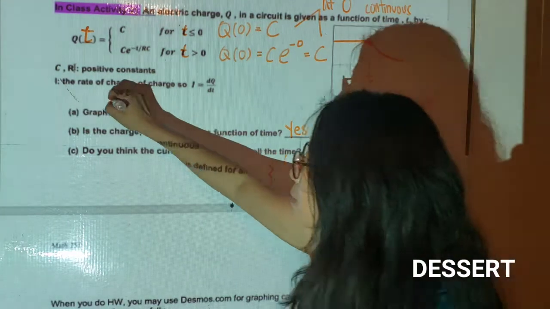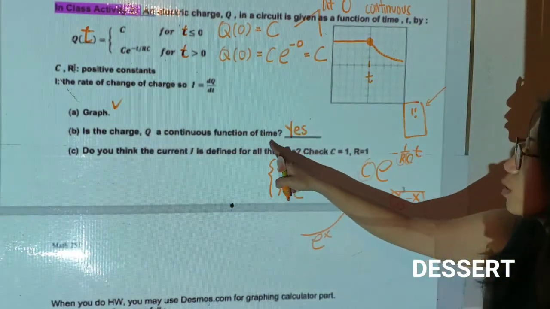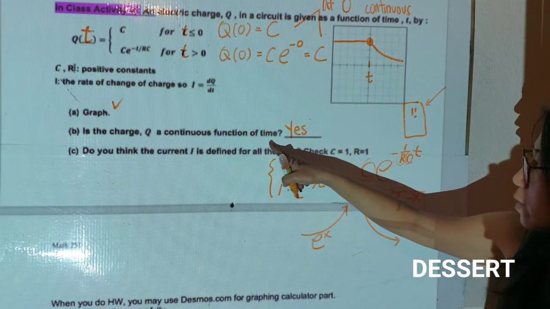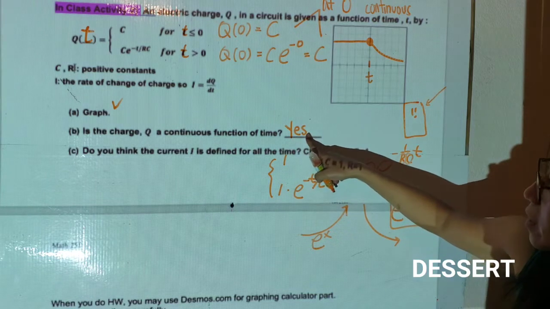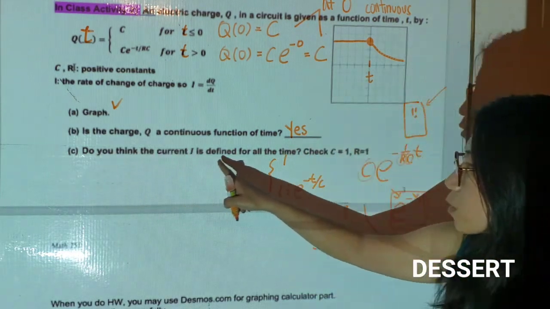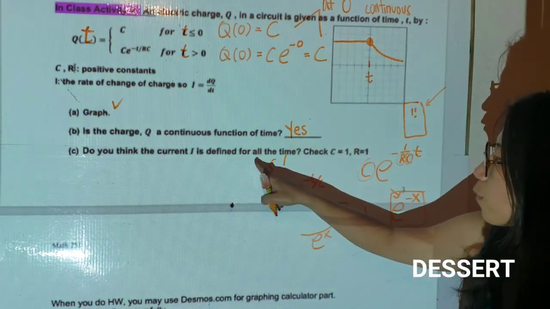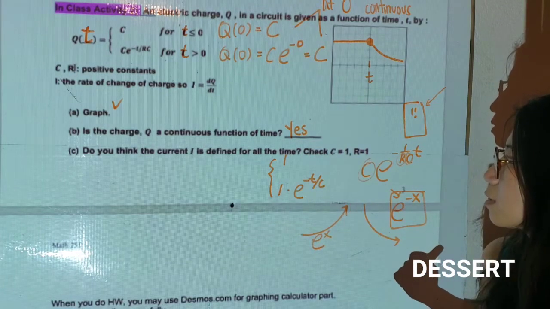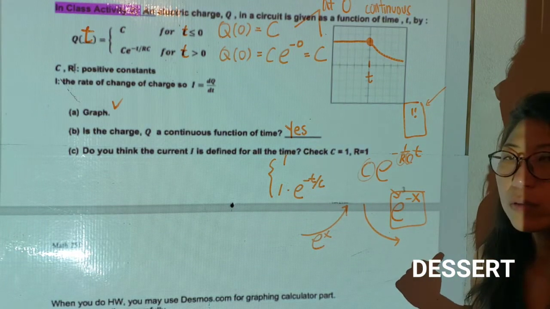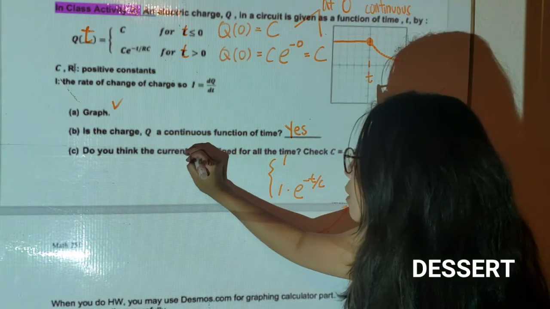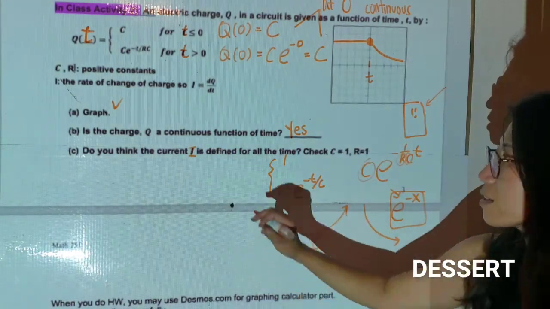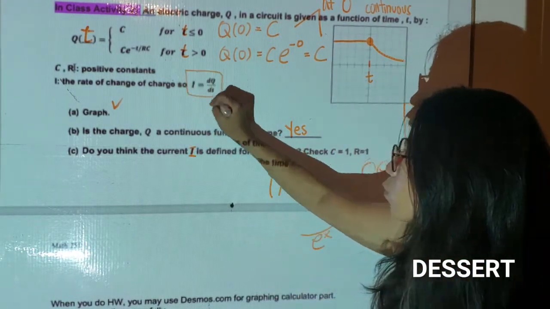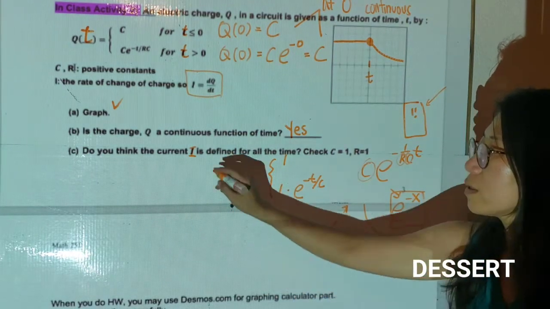So I graphed it. Is the charge function continuous at time t? Yes. And do you think the current is defined for all time? What does that mean? Current I. So what are they asking? Here says some weird concept. What is a current?